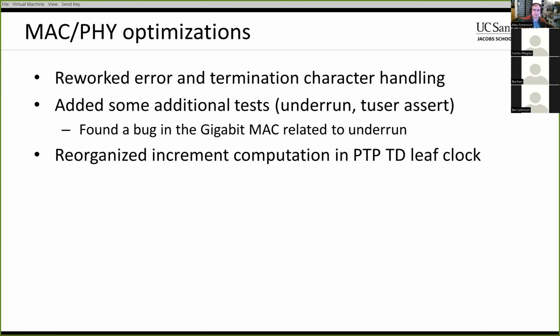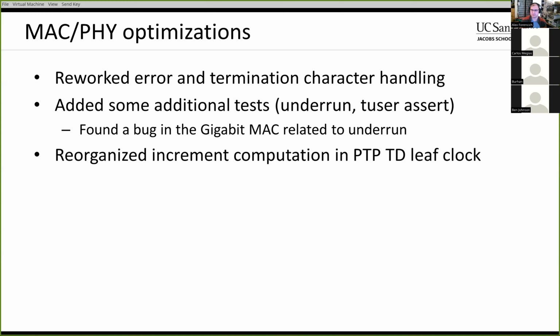Moving on to Mac and Phi optimizations. The main thing that I've been chipping away at is trying to find the long timing paths in the Mac and the Phi components and the PTP TD leaf clock, because all that stuff has to run at around 400 megahertz at 25G, which means you have to be careful about the number of levels of logic and whatnot.